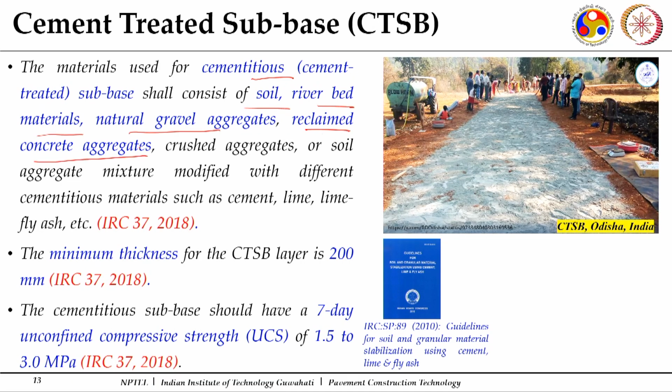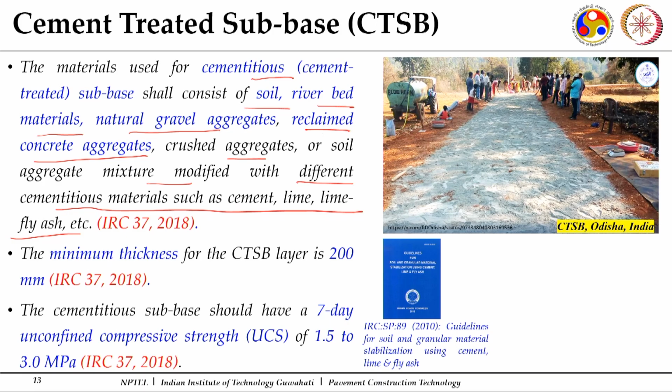I can use aggregates from different sources, crushed aggregates or soil aggregate, modified with different cementitious materials such as cement, lime, fly ash, etc. So, if I am using any cementitious material along with these different kinds of aggregates, then it becomes my cement treated subbase course.